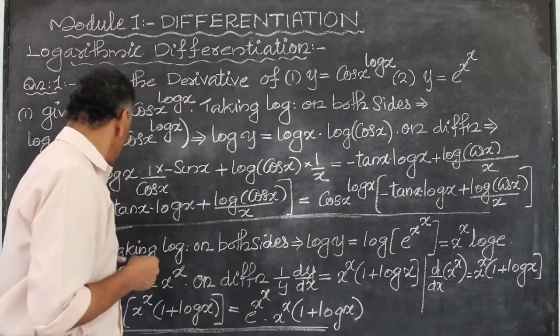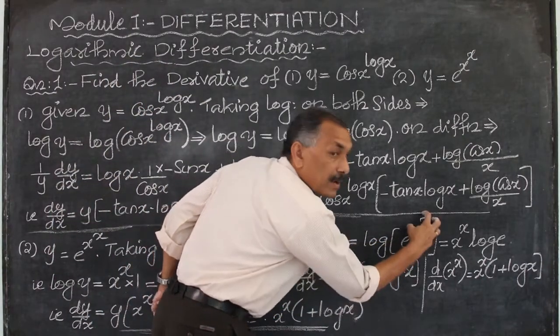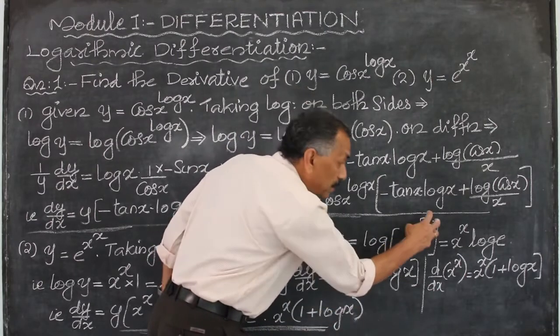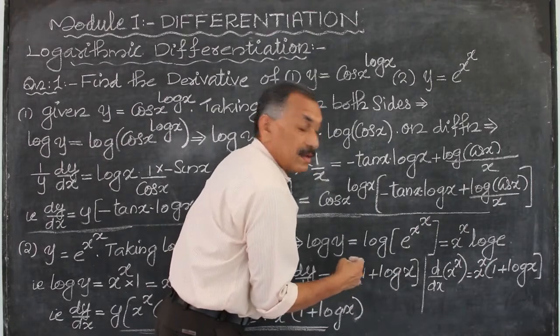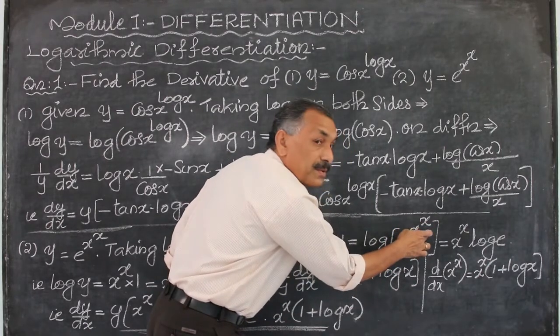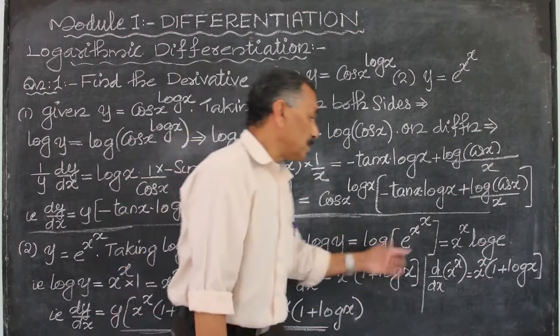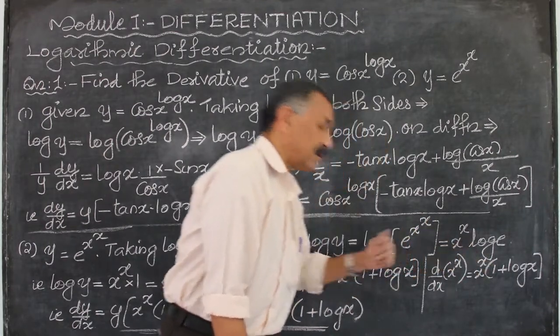Using the log a raised to m formula, log of a raised to m is equal to m into log a. So log of e raised to m is m into log e, that is x raised to x into log e.